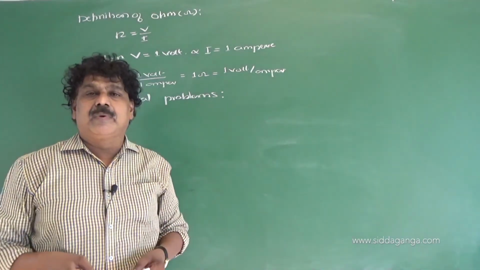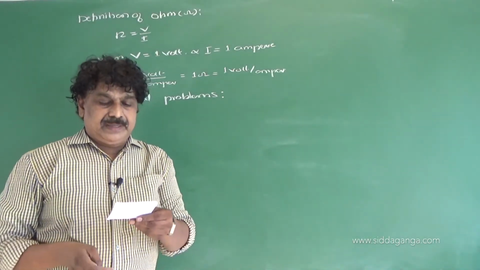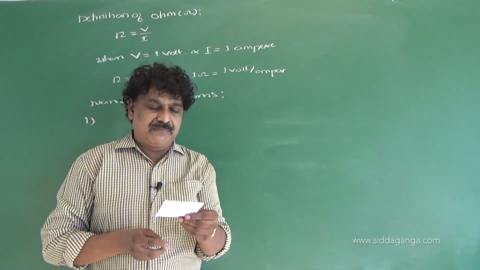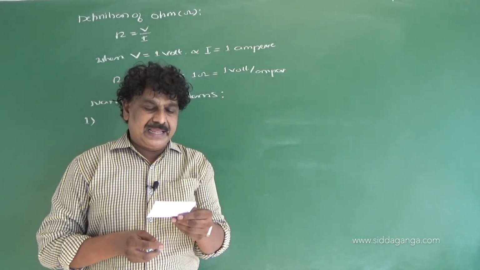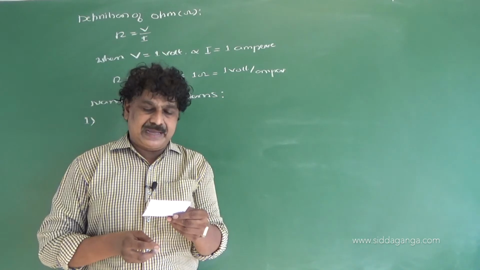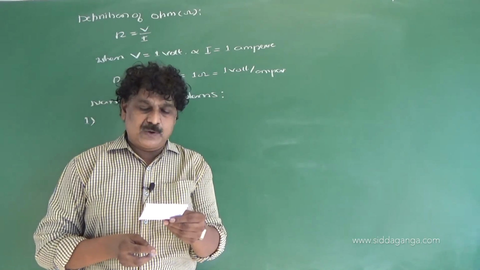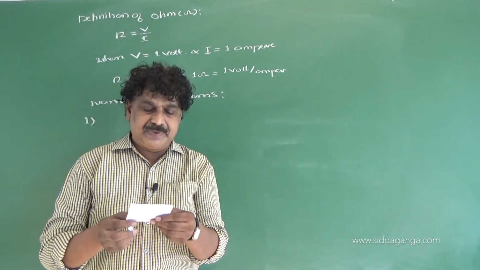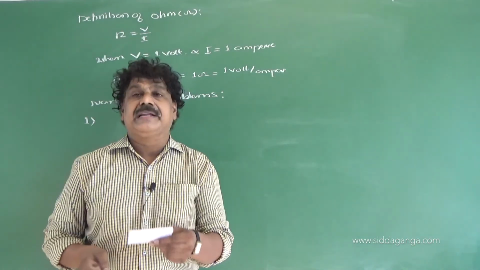Problem number 1. A potential difference between two ends of a wire carrying 2 ampere current is 0.1 volt. Calculate the resistance between these points.